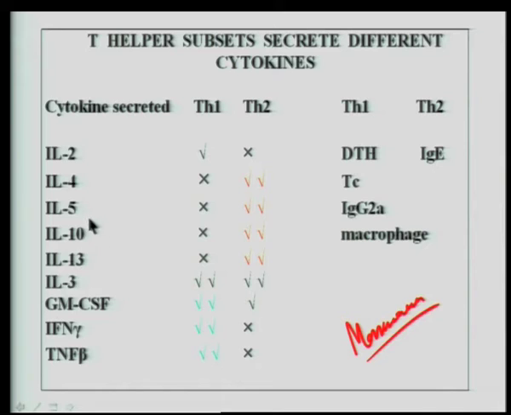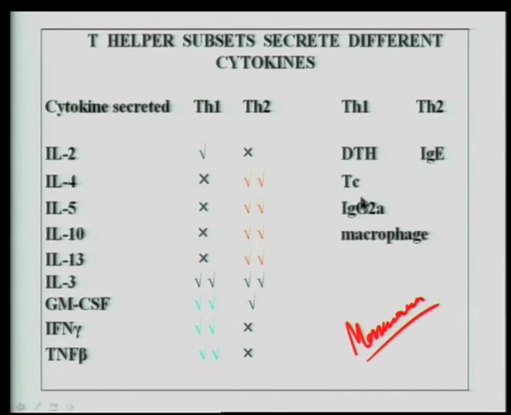Macrophages are activated by Th1 cells because of the presence of gamma interferon. Cytotoxic T cells are activated by a Th1 response. Remember, cytotoxic T cells are CD8 positive, but these Th1 and Th2 are CD4 positive cells.